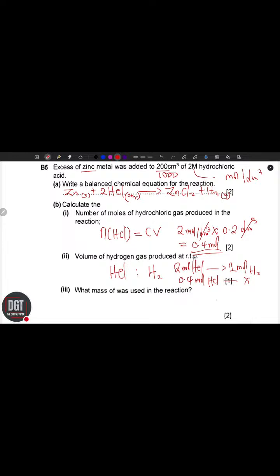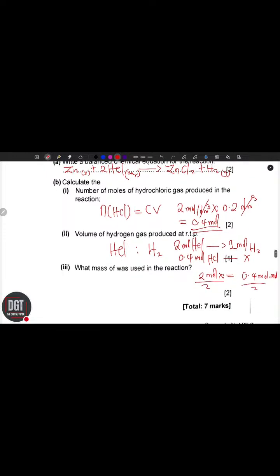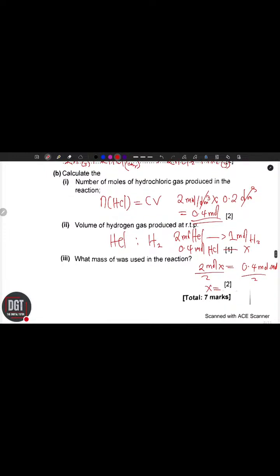We cross multiply, so 2 moles, X is equal to 0.4 moles. So divide by 2 moles, so X is equal to, divide by 2 moles. Moles and moles will cancel. This is going to be 0.2 moles of hydrogen gas.